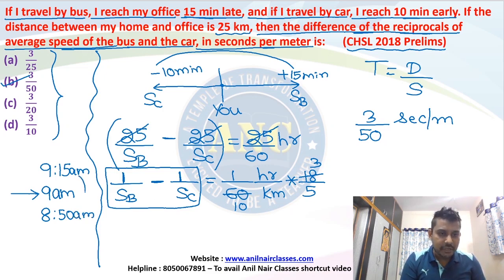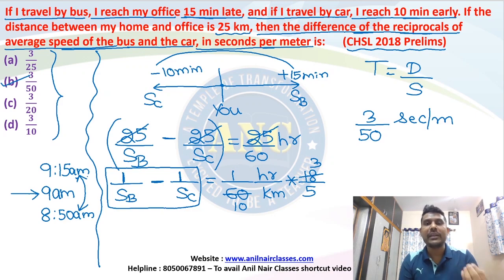What is the gap between 9:15 and 8:50? 8:50 to 9 o'clock it is 10 minutes. 9 o'clock to 9:15 it is 15 minutes. Total gap between 8:50 to 9:15 is 25 minutes. That is exactly what I told as 15 minus of minus 10. Both are same.